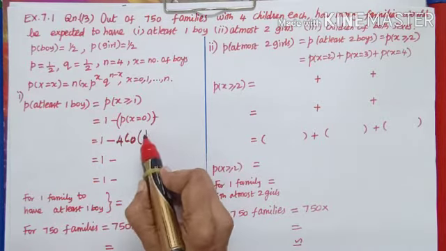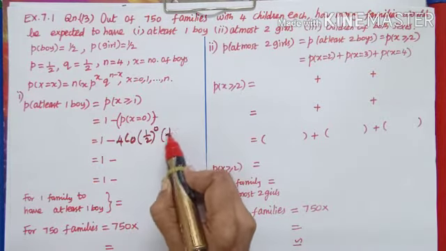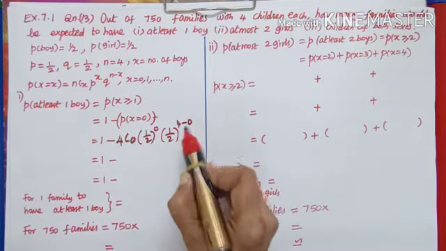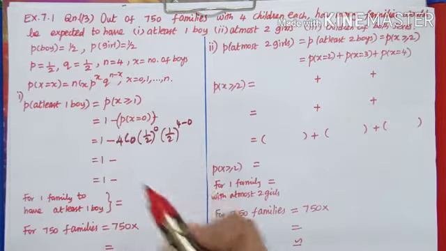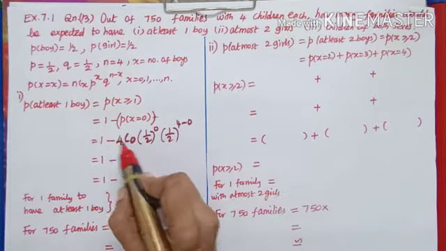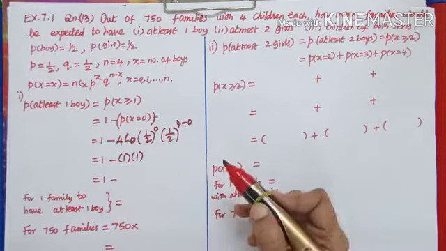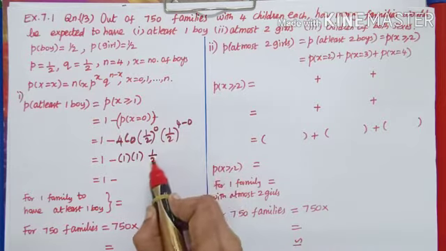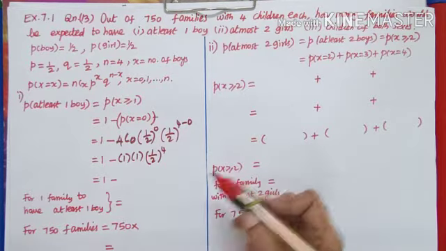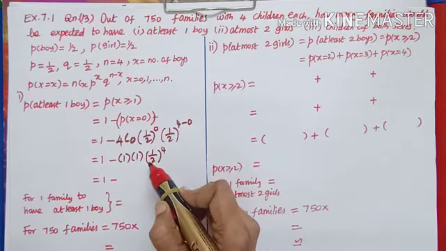4C0, half power 0, half power 4 minus 0, as I substitute in the distribution. 4C0 value is 1. Half power 0 is also 1. I am left with half power 4. What is half actually? 0.5.